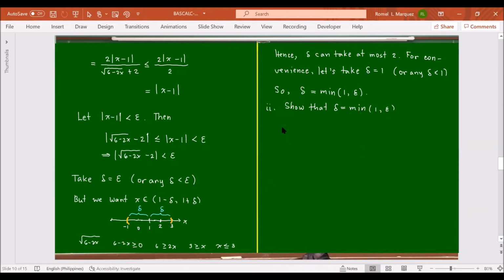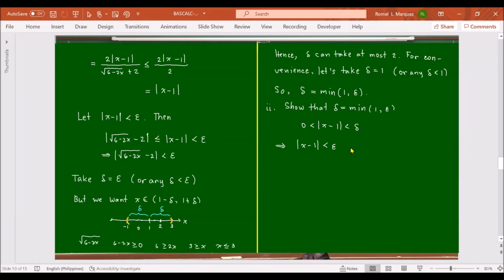Okay, so let's now have a formal proof. We know that abs of x minus 1 is between 0 and delta. So this implies that abs of x minus 1 is less than epsilon.